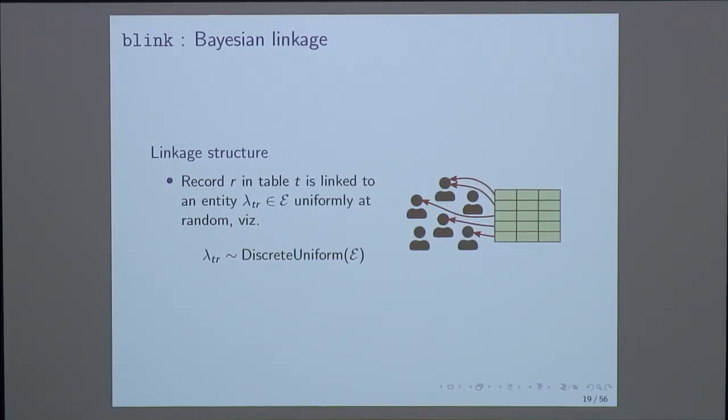We're going to say it's linked uniformly at random, drawn from a discrete uniform distribution over eta, from 1 to the maximum number of records. Why did we do this? Well, it's quite simple, and it was an easy way of understanding if this type of methodology works in practice.